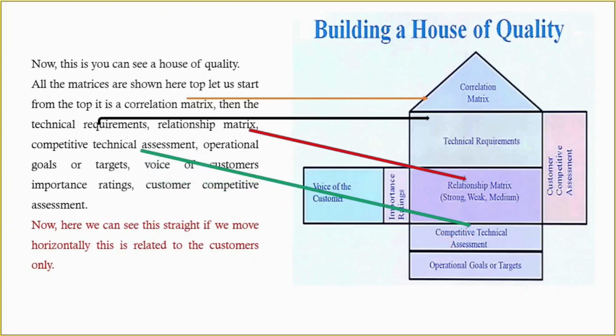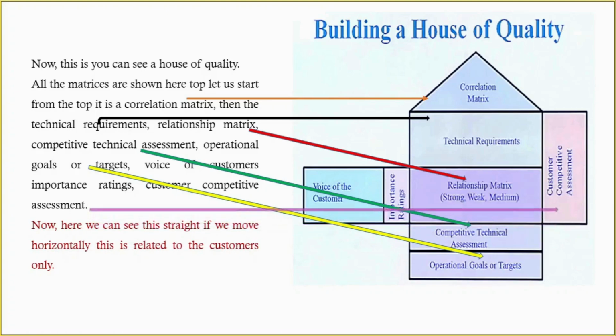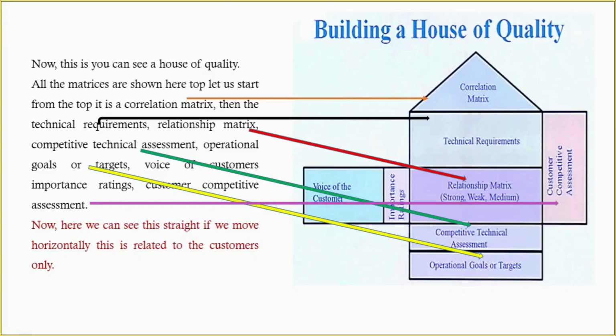Then comes the next part. What is the next one? Competitive technical assessment. Then the next one, operational goals or targets. Then on the other side, customer competitive assessment. If we move horizontally, this is called the voice of the customer as well as the importance rating.